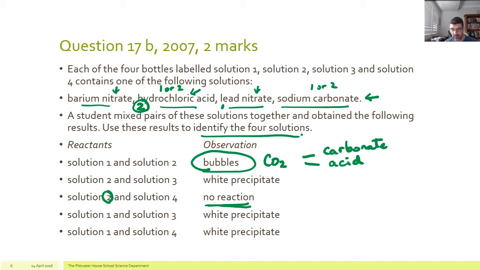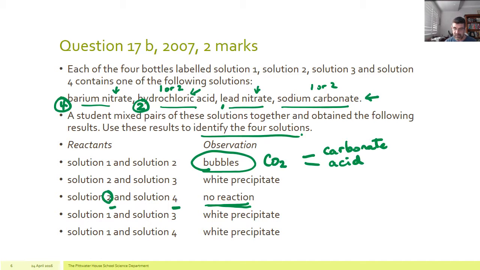So it will perhaps form a very weak precipitate if there is sufficient concentration in there, but it's possible that we could actually get a precipitate of lead chloride with those two. So I would be happier if we said that if a reaction between 2 and 4 was occurring and we said 2 was hydrochloric acid, barium chloride is soluble, definitely soluble. So let me make the barium nitrate 4.